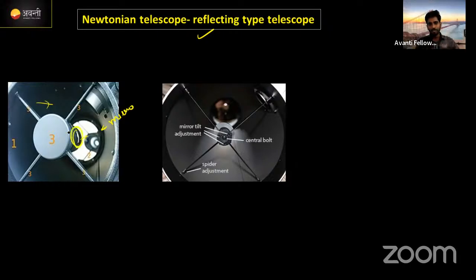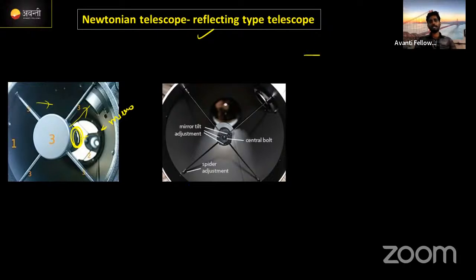What I am shading now with yellow color is the small mirror. On the same side, you need to keep an eye lens. The image forming here, you can enlarge and see. Clear? This is the concept of a Newtonian telescope.